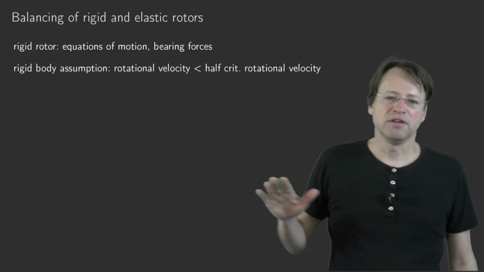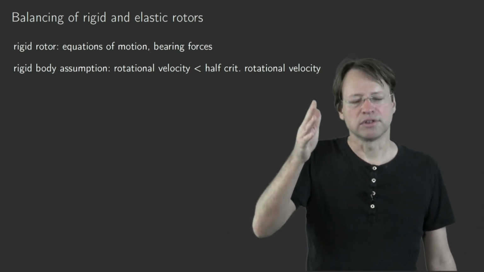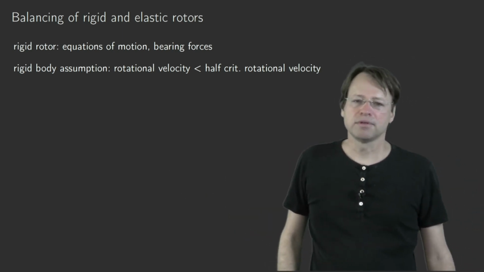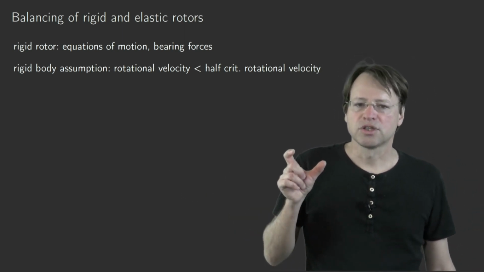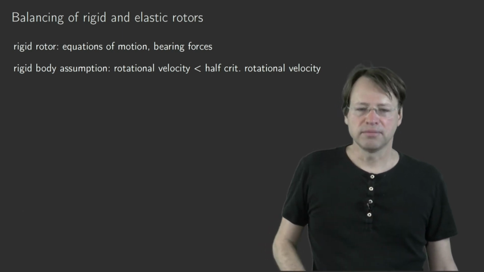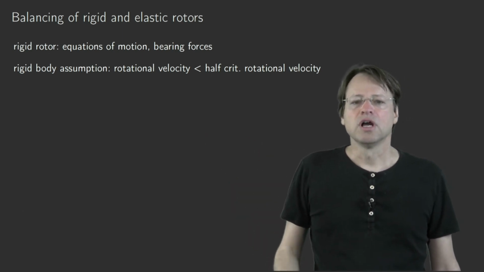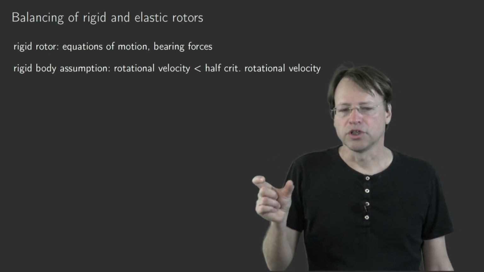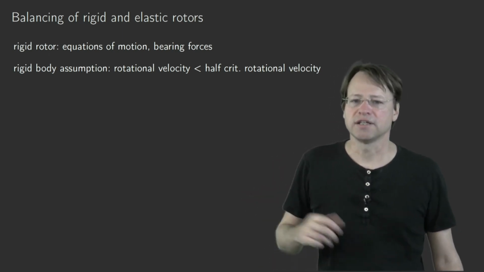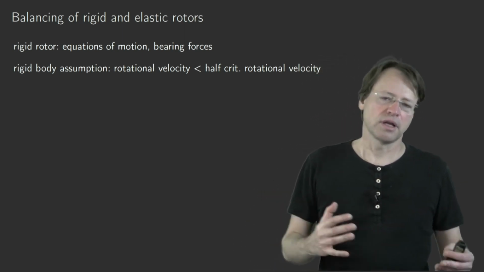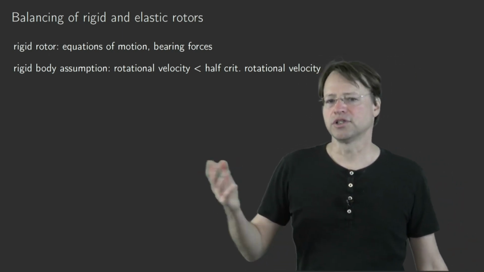If you remember the magnification factor that we studied many times for the Jeffcott rotor, then you remember that once we are in the subcritical regime, or if omega is close to zero, we have rather static conditions, where the Jeffcott rotor behaves as in the static case for a rigid body.